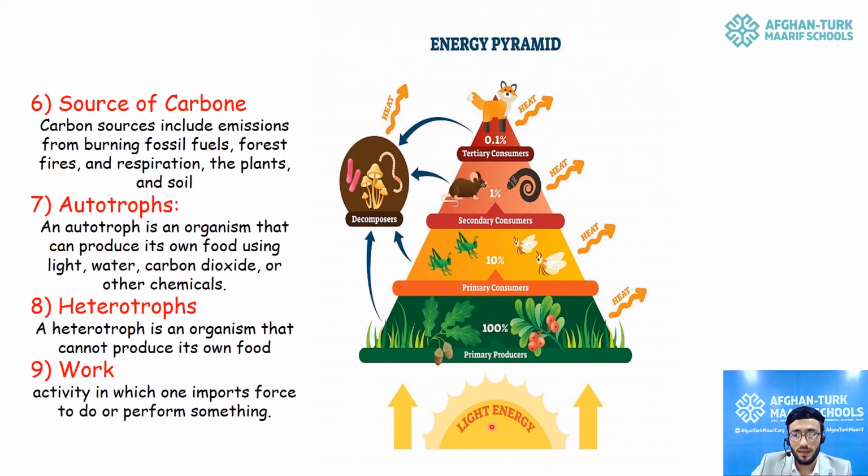It means they are able to convert the energy of light into chemical potential energy. Then there are the heterotrophs. A heterotroph is an organism that cannot produce its own food. It means its life depends on the primary producers to produce different types of macromolecules to be consumed by heterotrophs.